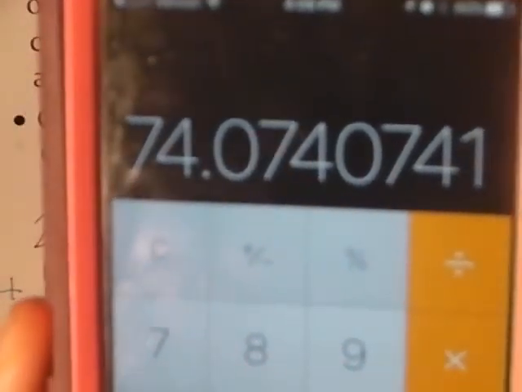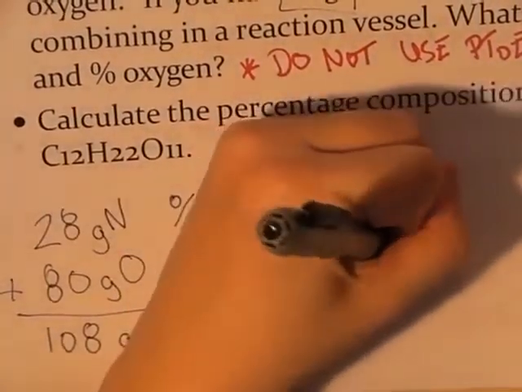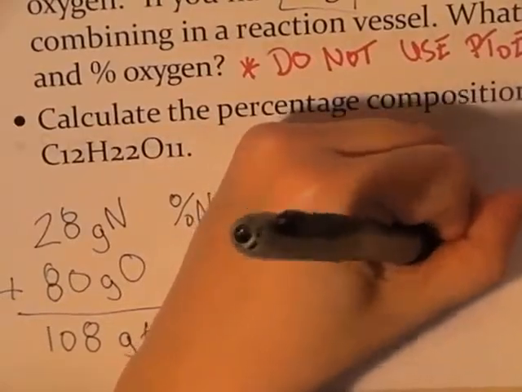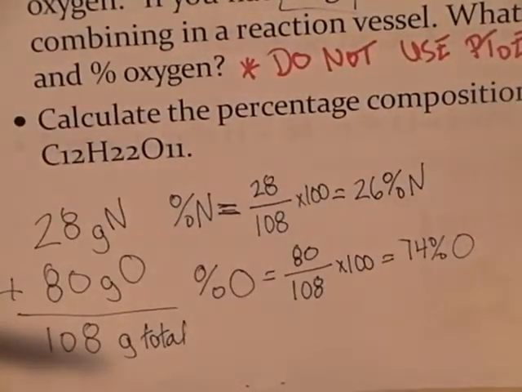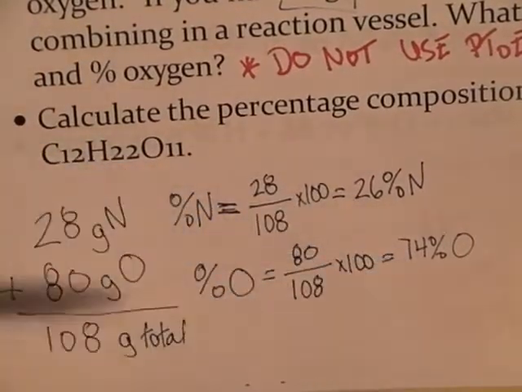You can't keep any past the decimal, so what would we round that to? Just 74%, right? So 74% oxygen. Last step, check them. Do those add up to 100%, 26 and 74? Yes, they do. You are good to go. All right. Not difficult in the least little bit.